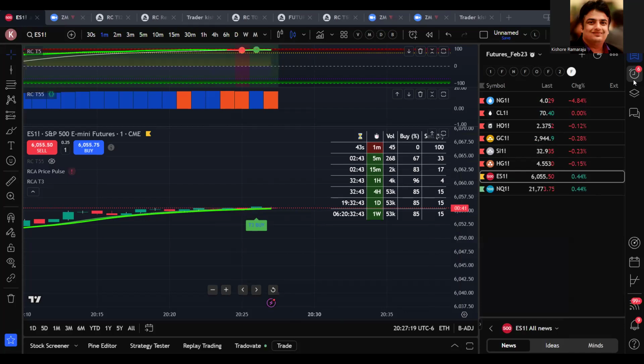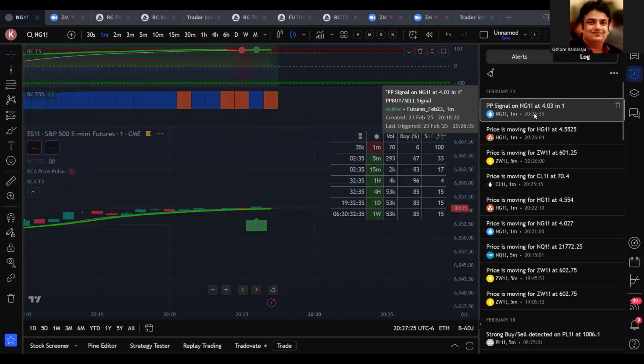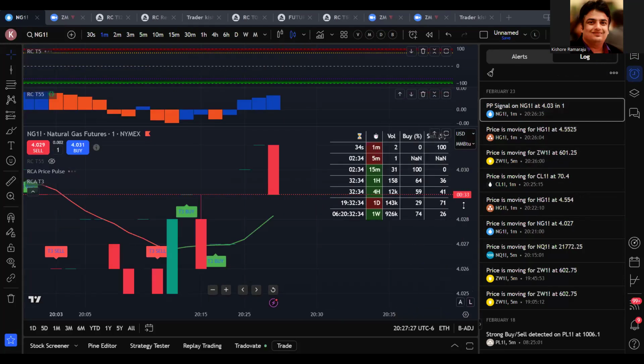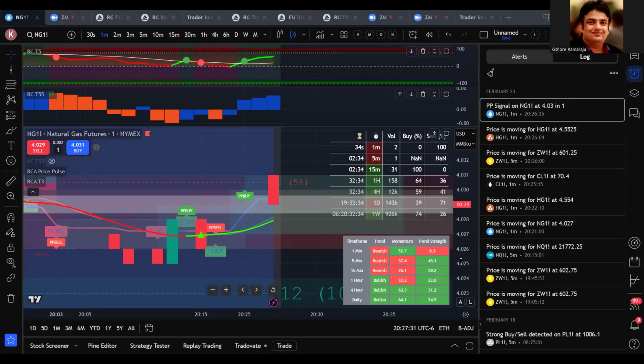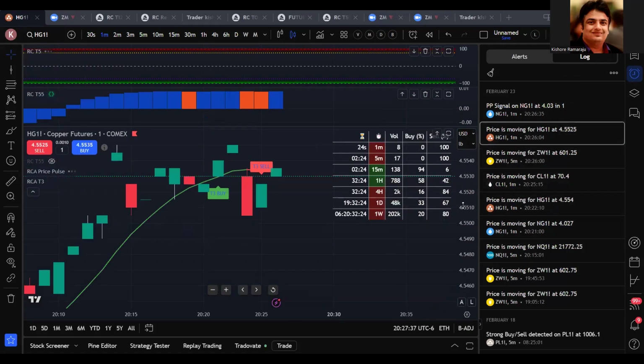Now let us go to our alerts. So now we got a signal on price pulse signal on natural gas. We got a signal on copper.